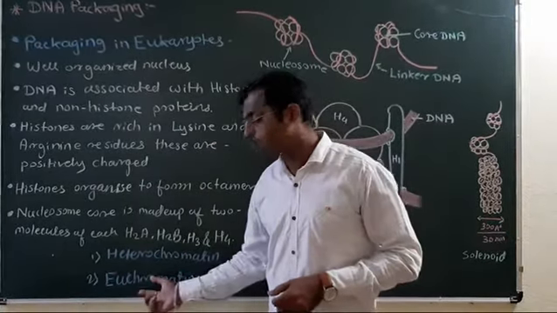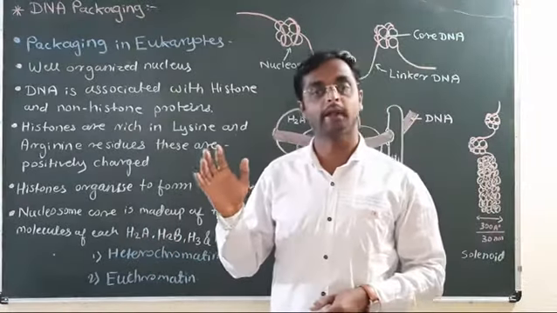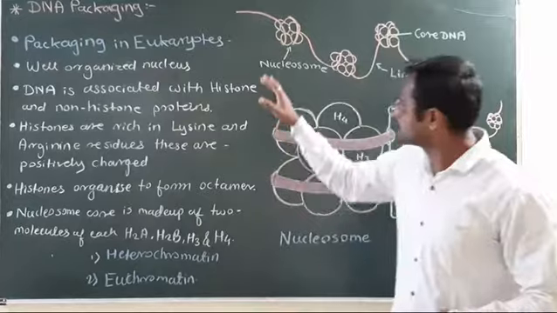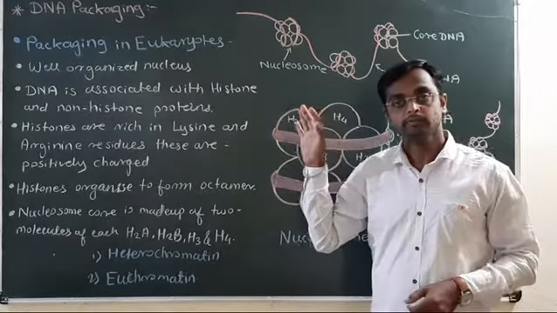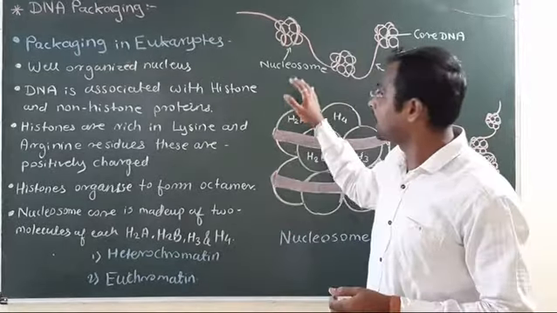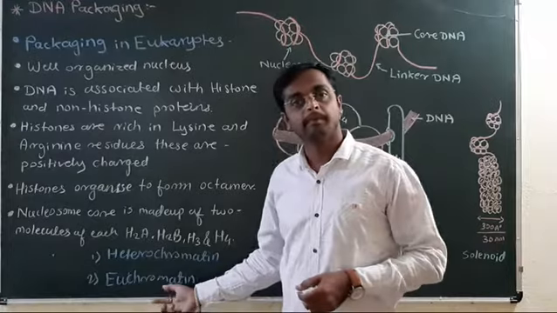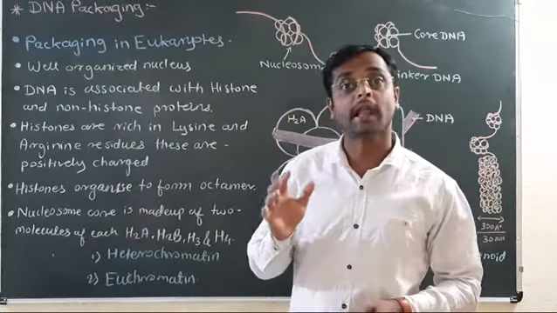Now, what is euchromatin? Euchromatin means at the time of prophase or interphase, some region of this chromatin is loosely placed or uncondensed, and this uncondensed region generally stains light in color.